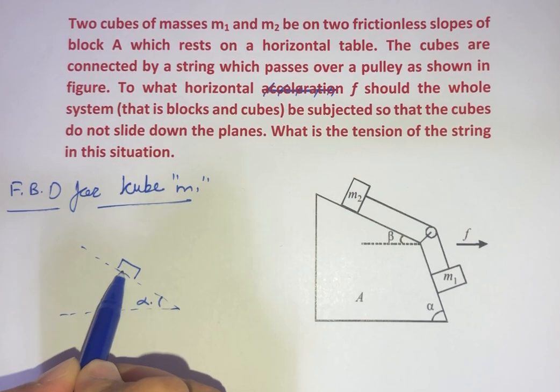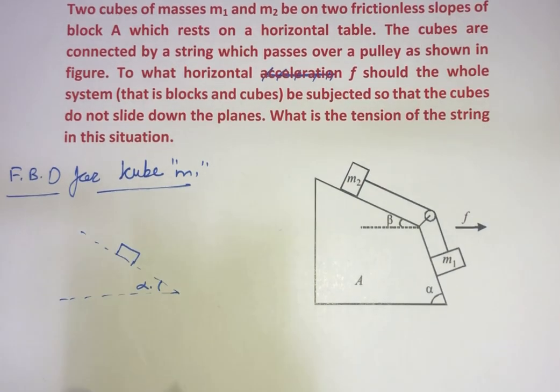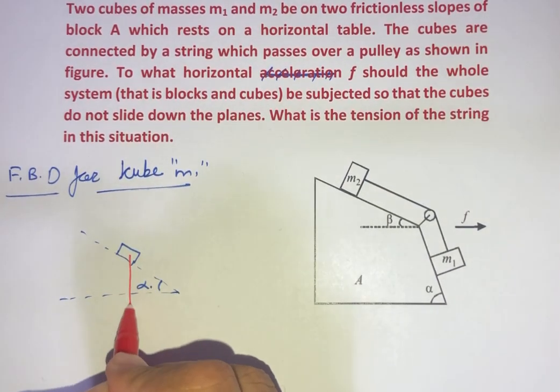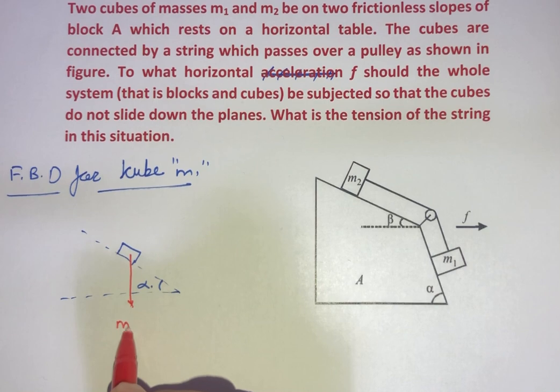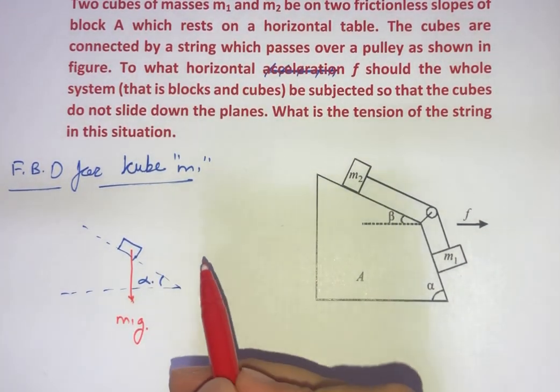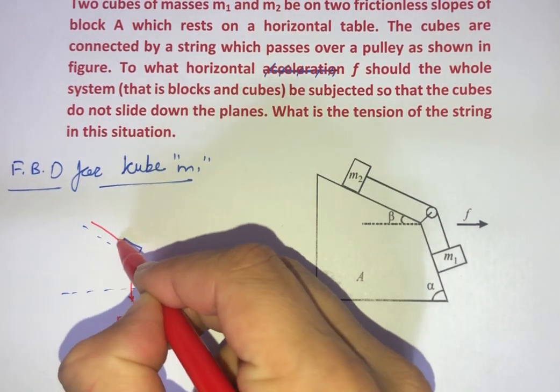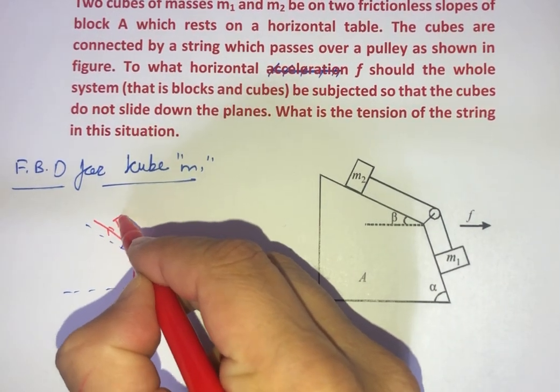This is our m1. So first of all, it is going to have m1g in the downward direction, and there will be tension T with the help of the string in the upward direction.